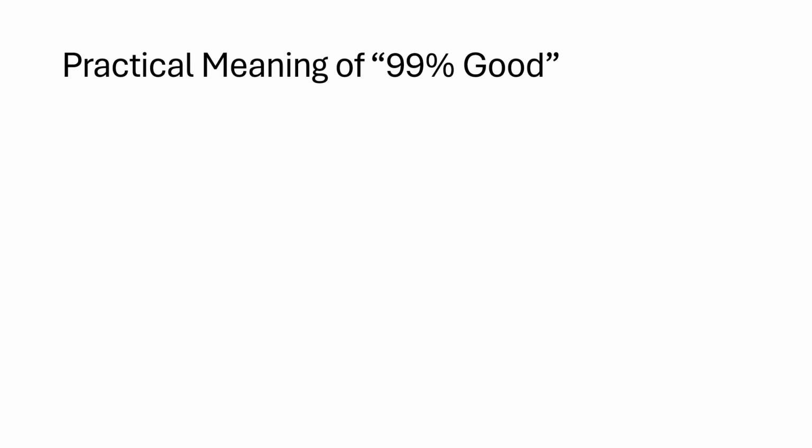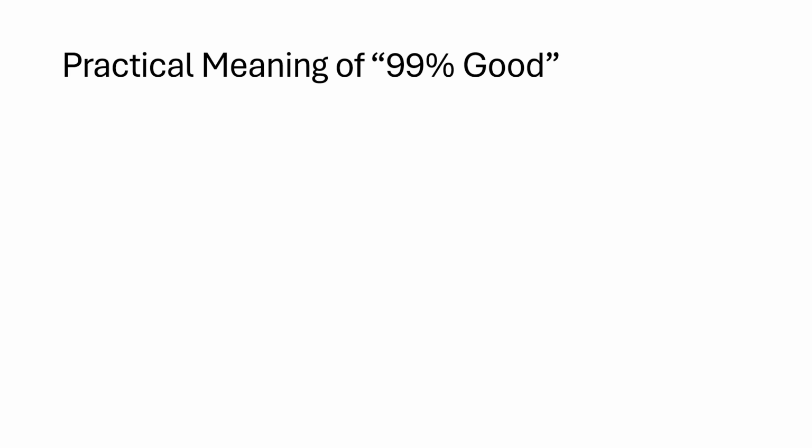What is the practical meaning of being 99% good? Just looking at this, if you're 99% good, we consider that to be awesome, right? Not exactly. Not in the world. It's nowhere close to being at the Six Sigma level of excellence.